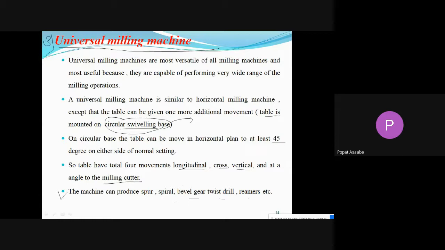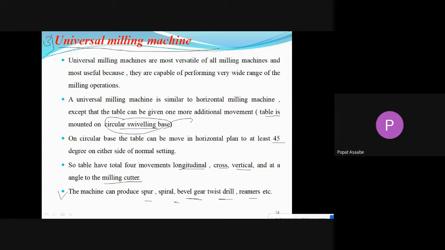It is also used to perform milling operations on a reamer. Such types of operations are easily performed on a universal milling machine, because it is possible to rotate or swing the table at 45 degrees on both sides.